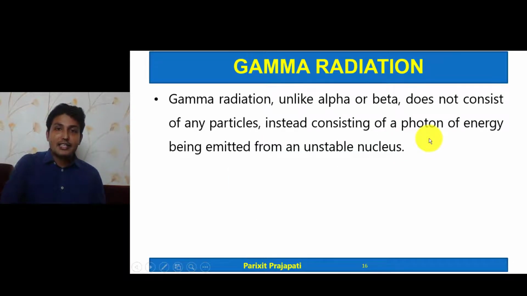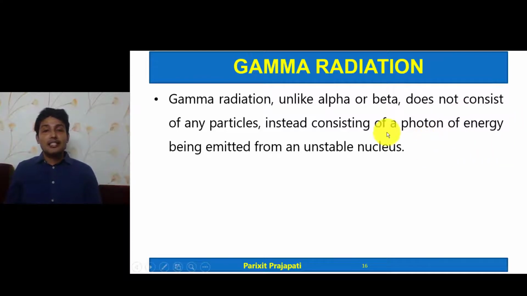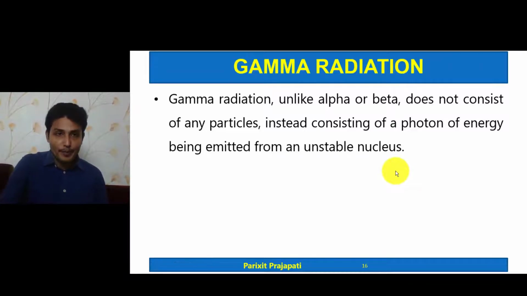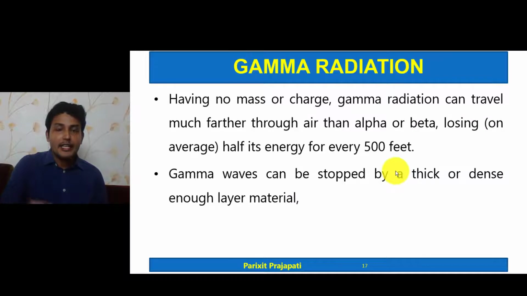Next is gamma radiation. Gamma radiation does not contain any particle like an alpha particle or beta particle, but consists of just a photon of energy from the unstable nucleus. So it's a radiation in the form of a photon or a waveform, and it has no mass, no charge.